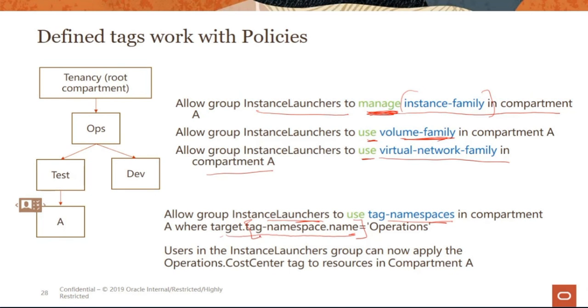So you could say target.tag-namespace.name, so the name of the tag namespace is operations. Now if the users in this particular group launch an instance, they can apply the operations namespace tags, and anything which comes under the operations namespace, whether it's a cost center key or a project key or a region key or the other keys you defined, they can apply those tags within that namespace.